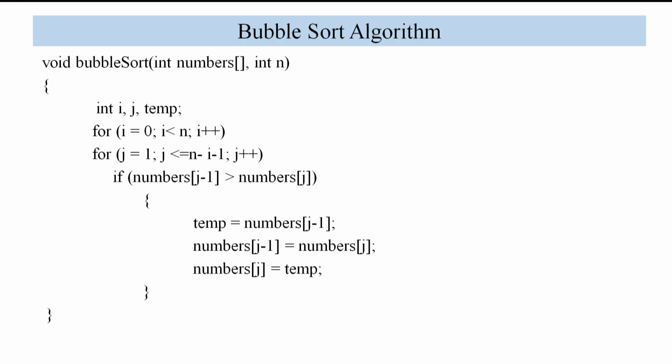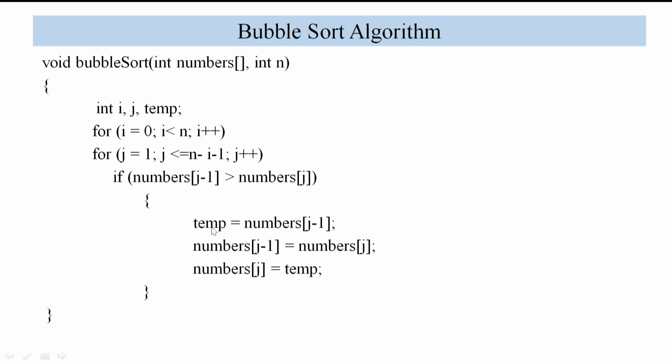So the 0th index element and the index 1 element will be compared, that is, the first and second elements will be compared. If the first element is greater, then only the body of the if will execute, that is, swapping will be done. Otherwise the body of the if will not be executed.